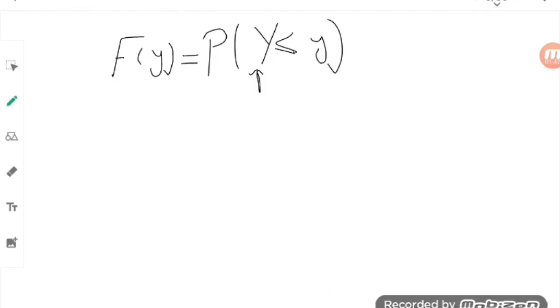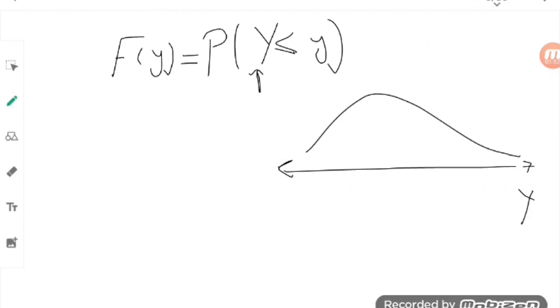So if we find y here on this real line, and if we imagine that we have the PDF, which we denote by small f of y, defined by this curve, and we need to find the probability that the variable y takes less than or equal to a certain value y.